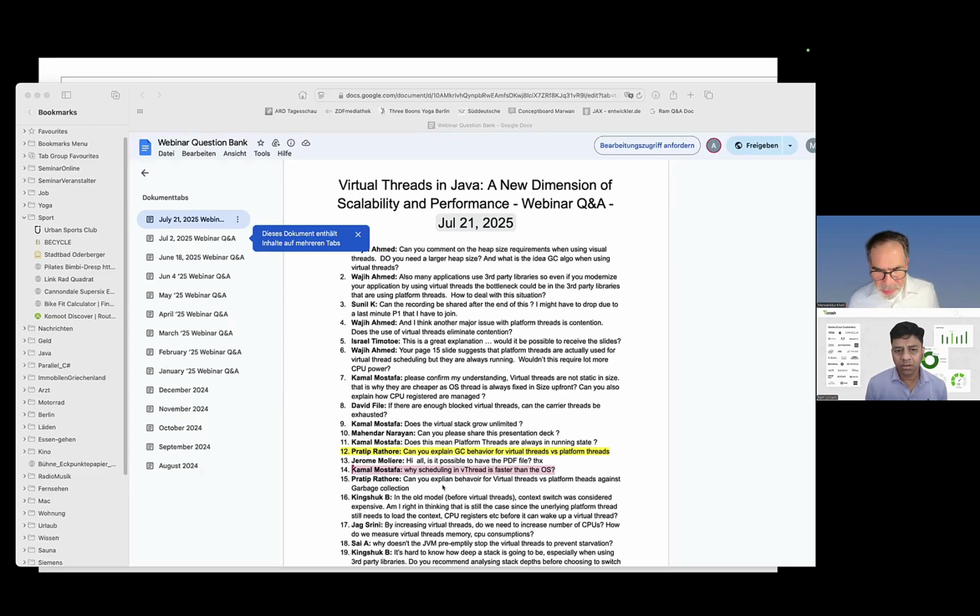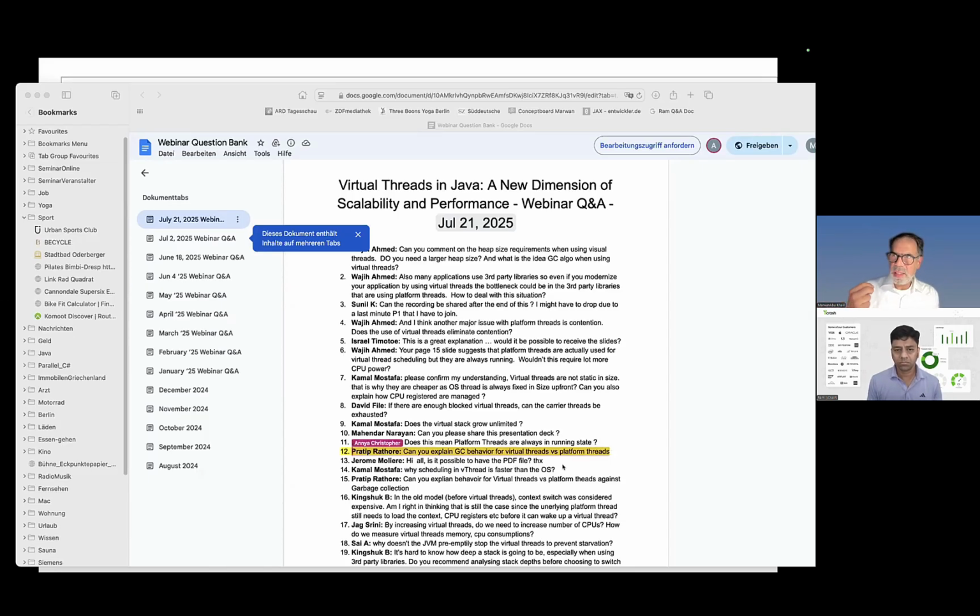Mustafa Kamal: Why is scheduling in vthread faster than the OS? Because we talked a few minutes ago about CPU registers to be swapped in and out when I schedule an operating system thread. First. Second, scheduling with the operating system involves a system call, so a change between user mode and operating system mode, or kernel mode.